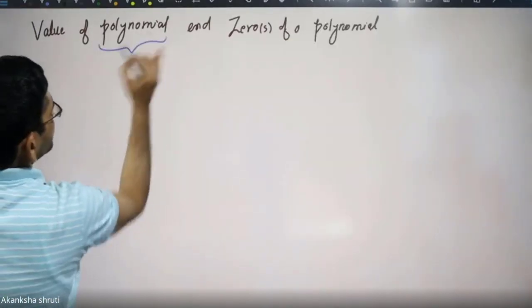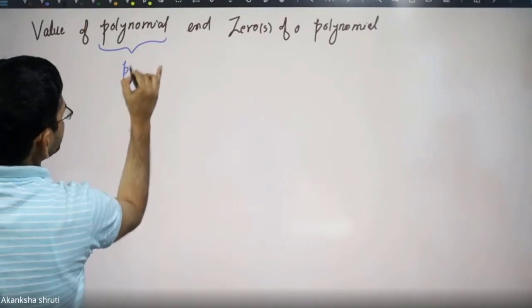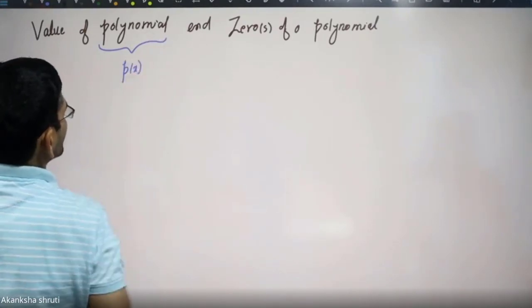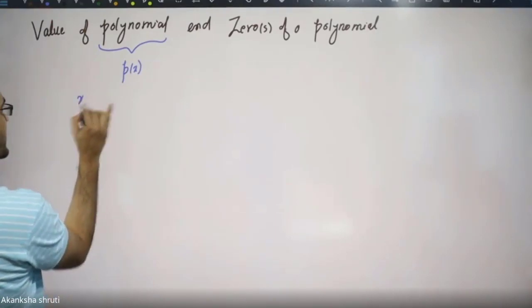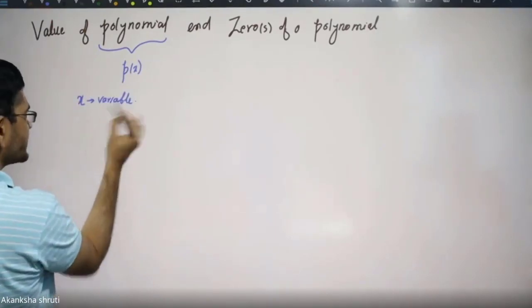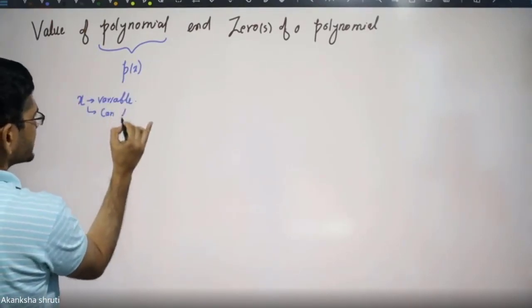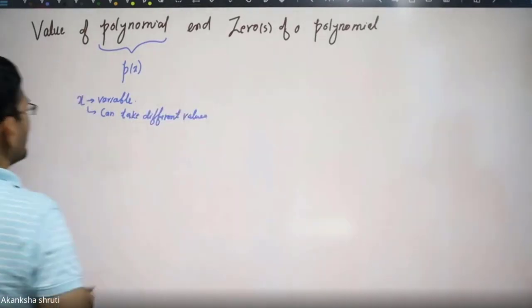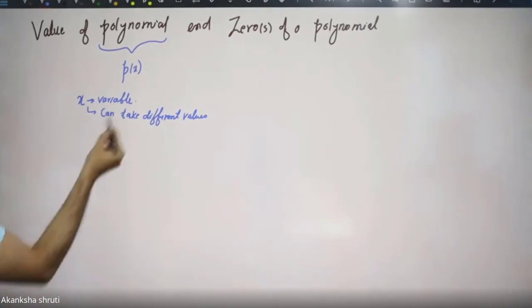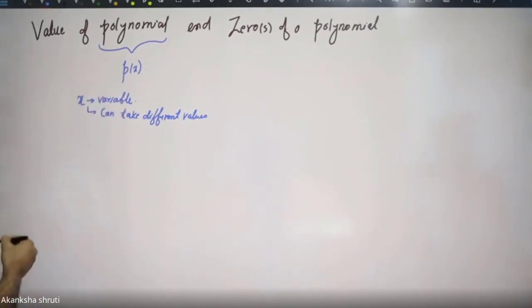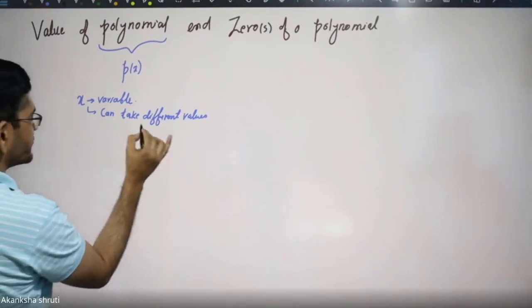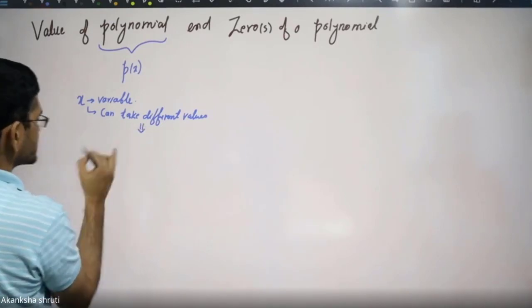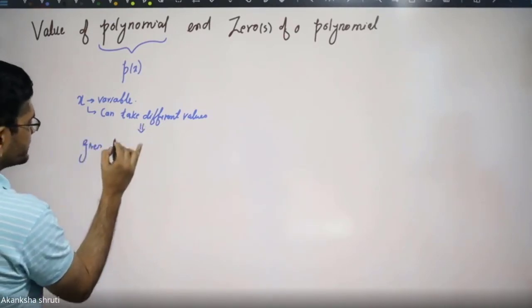Polynomial we are denoting by p(x). Here x is a variable, means it can take different values. While substituting different values in this polynomial p(x), we will get different values of p(x).